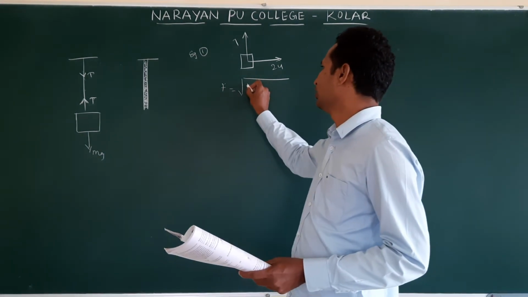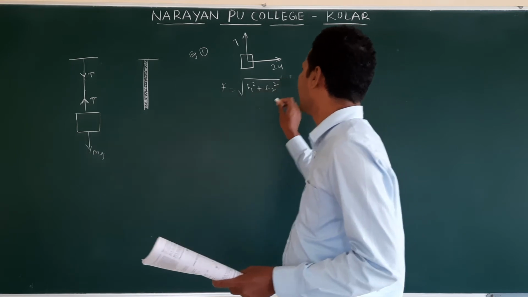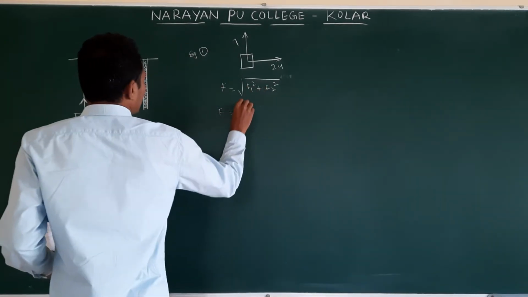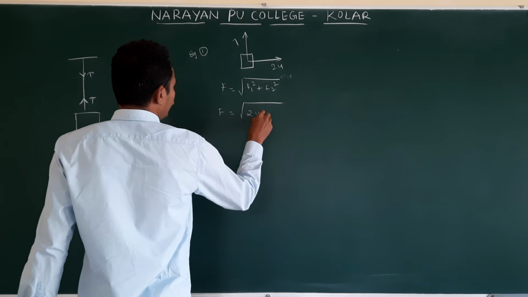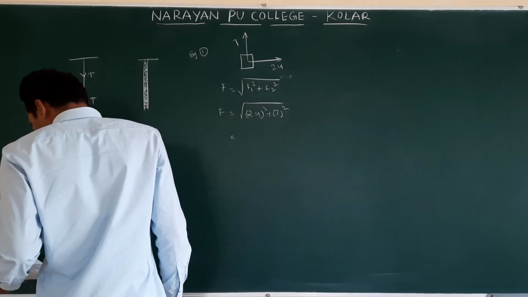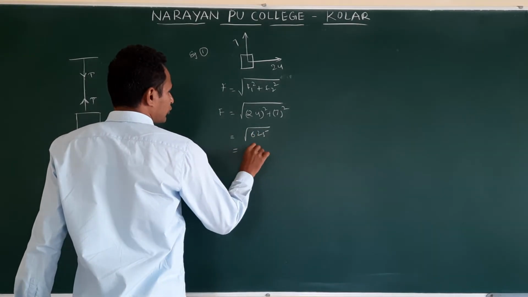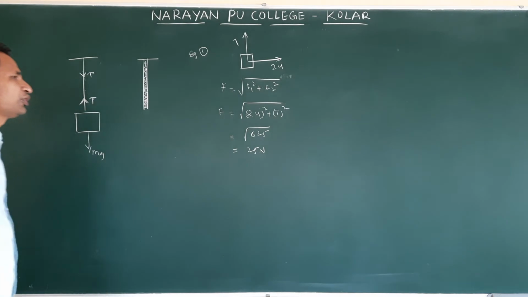So we have F1 square plus F2 square. Substitute F1 and F2. Then F is equal to under root of 24 whole square plus 7 whole square. If you solve it, you will get 625. The root of 625 is 25 Newton. Net force is 25 Newton.